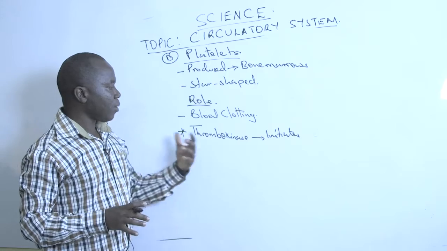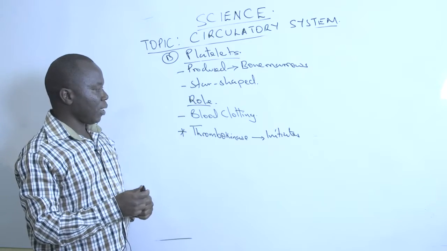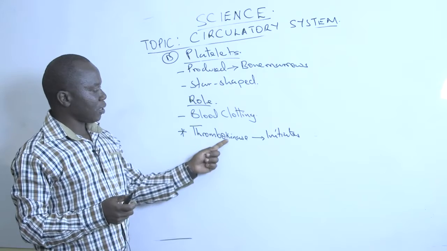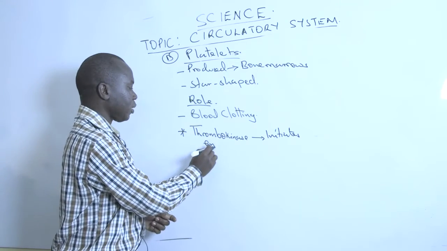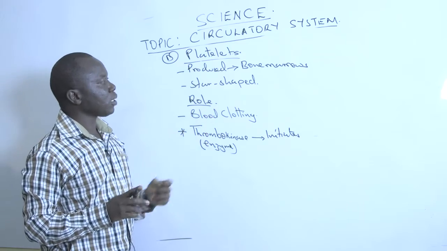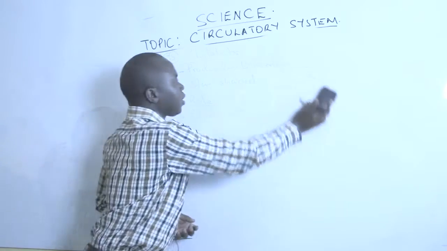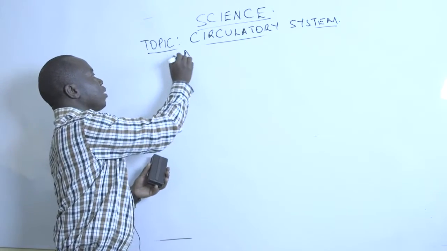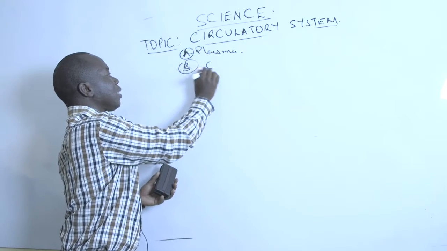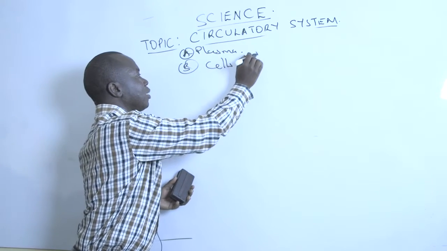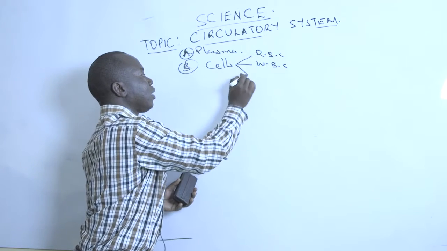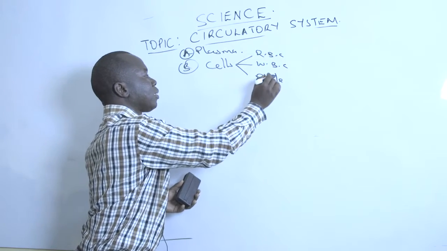You will learn more about blood clotting in your next stage. But remember that it has an enzyme called thrombokinase that initiates the clotting process. So we have looked at blood plasma, then red blood cells, white blood cells, and now platelets.